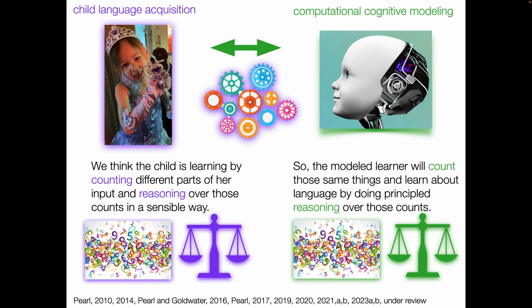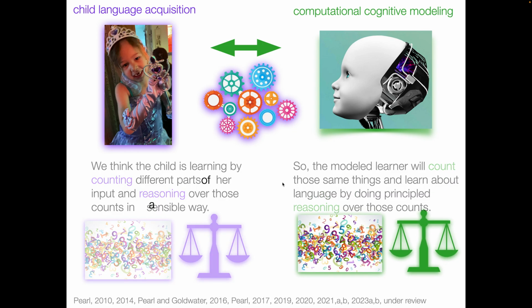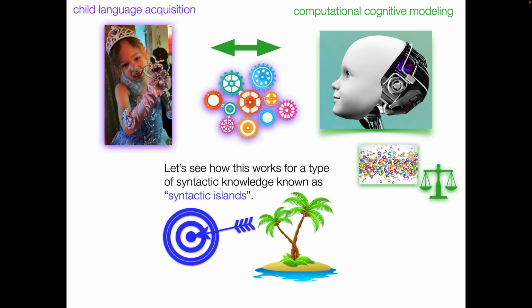So our modeled learner is going to count those same things and learn about language by doing principled reasoning over those counts, right? Same idea. Now what I want to transition into is how this process of computational cognitive modeling works for a type of syntactic knowledge known as syntactic islands.